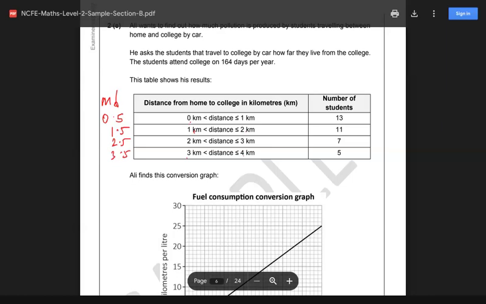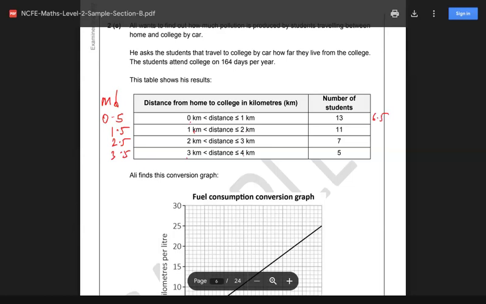So you now multiply them together. 0.5 times 13 gives you 6.5. Then 11 times 1.5.